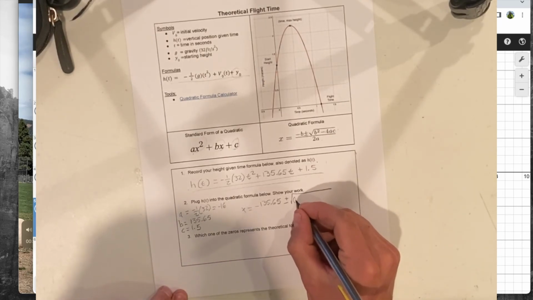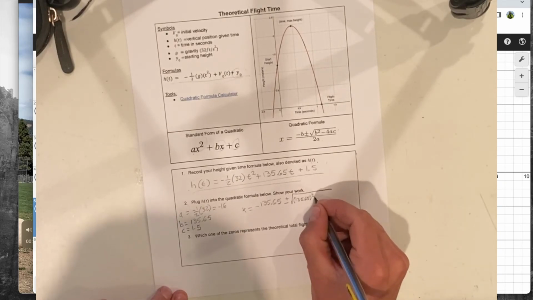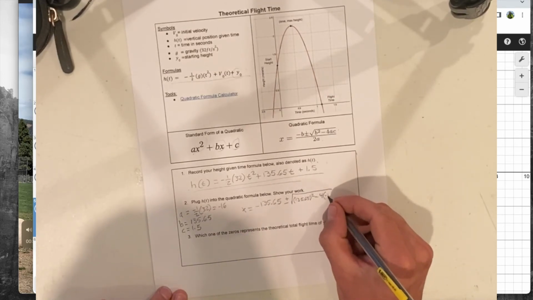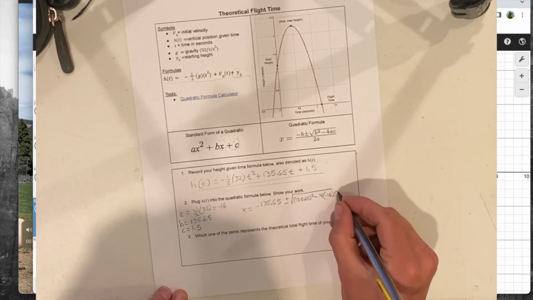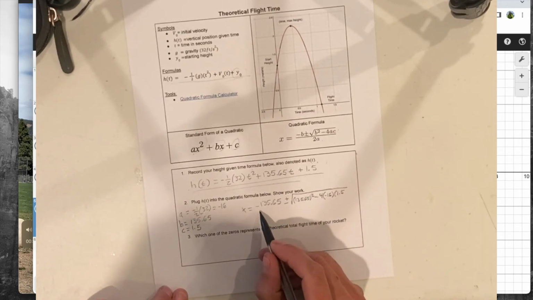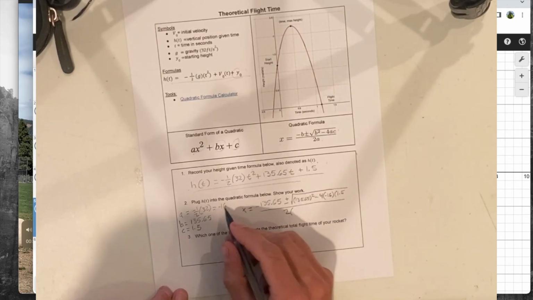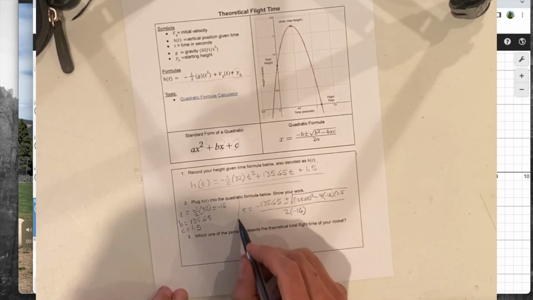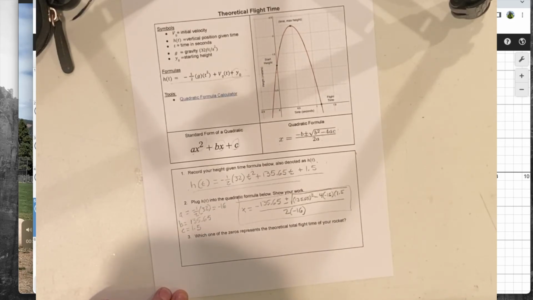So I'm going to take 135.65 squared minus 4 times a, which is negative 16, times c, which is 1.5. And that's all under the square root. And then I'm going to take this entire thing and multiply it by 2 times my a term, which is negative 16. And boom, that is my answer for this part 2 of the theoretical flight time.